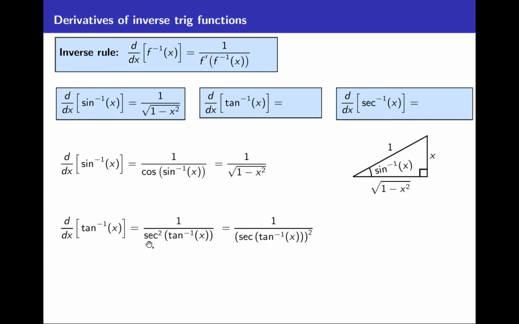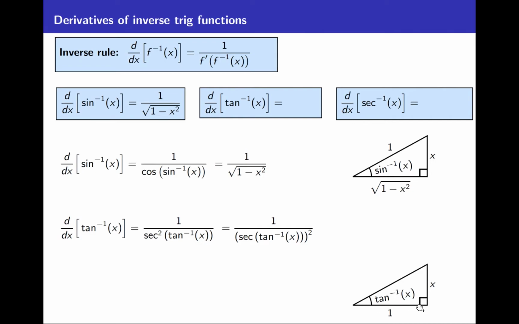Well, first of all, the secant squared of tangent inverse of x is secant of tangent inverse of x, whole thing squared. And look at what's being squared in the denominator. It's secant of tangent inverse of x. To make sense of that, think of our geometric picture of tangent inverse of x from the previous slide.